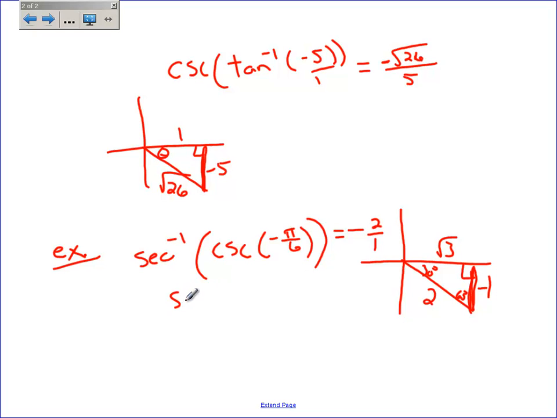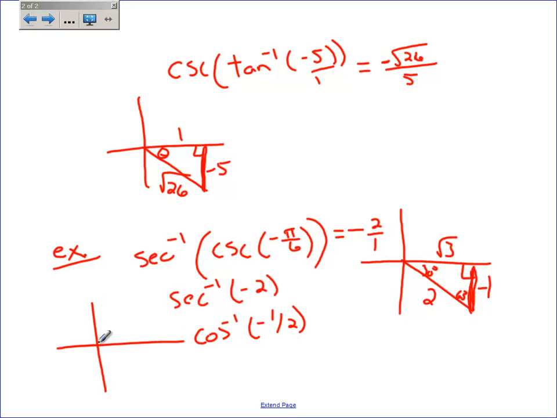So I now want to find the arcsecant of -2, which is, of course, the arc cosine of -1/2. So I'm going to go over here and figure out my range for arc cosine is 0 to 180, and since it's negative, I'm going to draw my triangle in quadrant 2, label my sides as adjacent over hypotenuse.